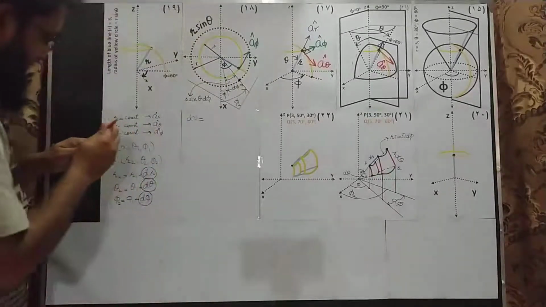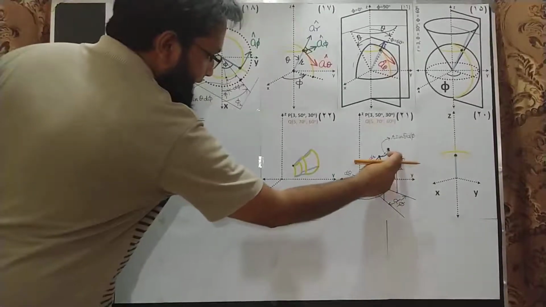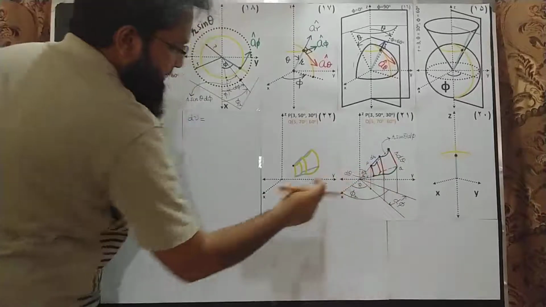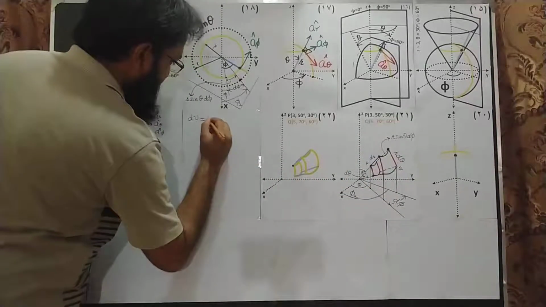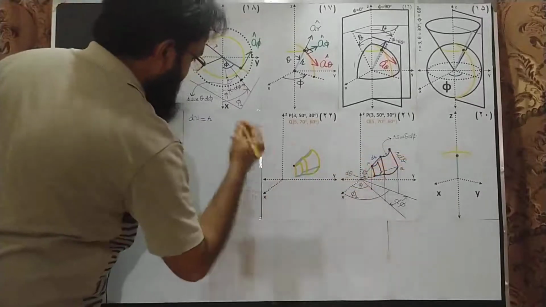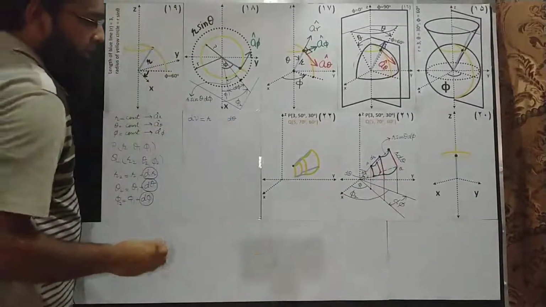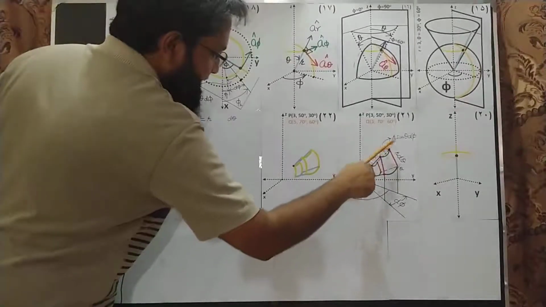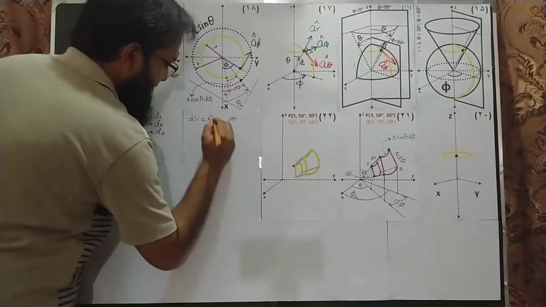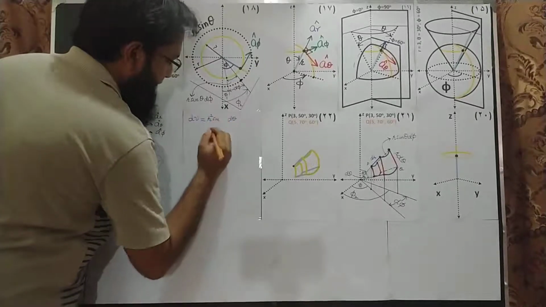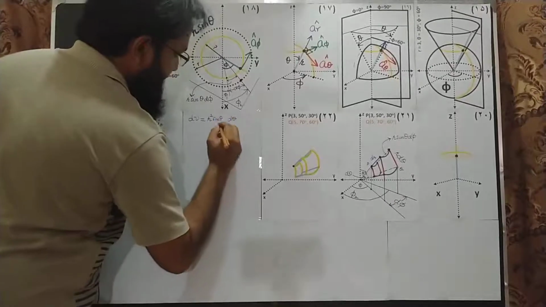So, differential volume is nothing but this side multiplied by this side multiplied by this side. So this side is r d theta, and this side is r sine theta d phi. So again, r times r means r square sine theta d phi.